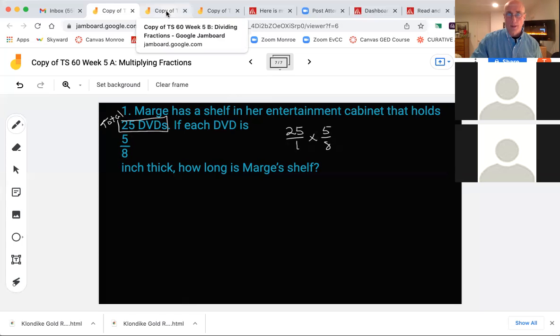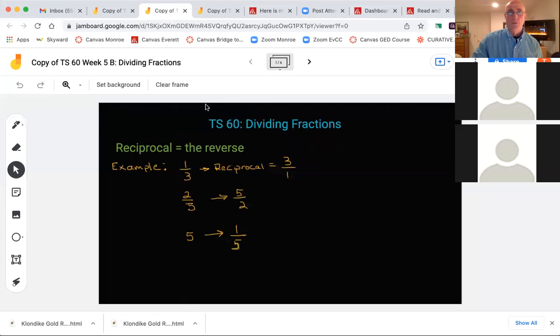I'm going to jump now to dividing fractions. So I want you to take a moment and copy down the title and the rule that you see here. The first concept I want to give you is something called a reciprocal, which you copied down in your notes.